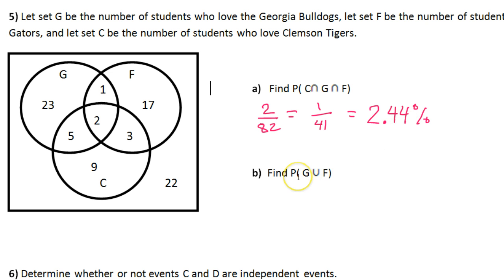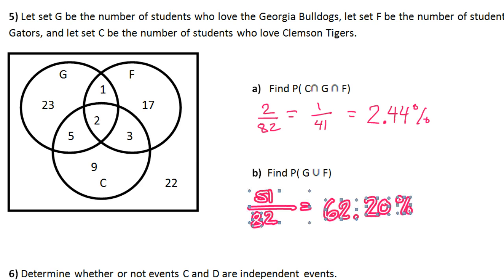Now, if we want to find the probability of the union of G and F, the union of G and F involves all of these numbers that are in G or F: the 23, the 5, the 2, the 1, 17, the 3. If we add up these 6 numbers, that's going to be our target.